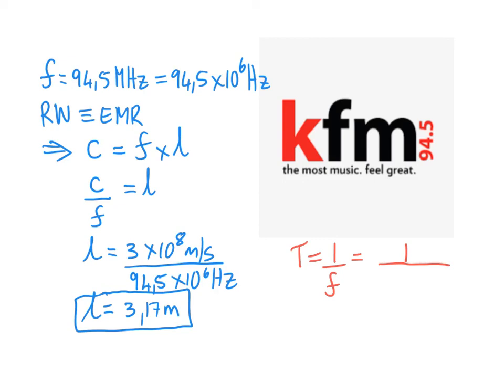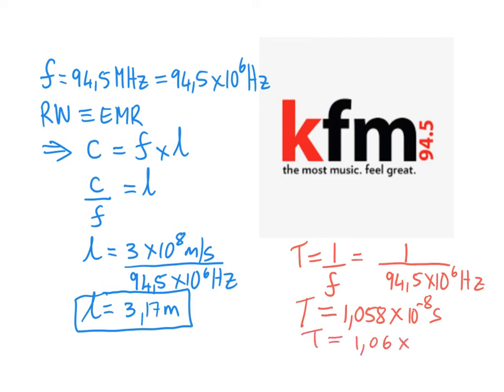So 1 divided by 94.5 times 10 to the 6 hertz gives us an answer of 1.058 times 10 to the minus 8 seconds. So we can round that off to 2 decimal places. And as you can see, that is an extremely small period of time.